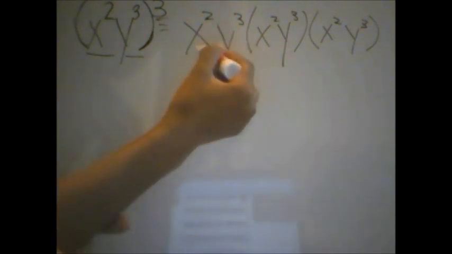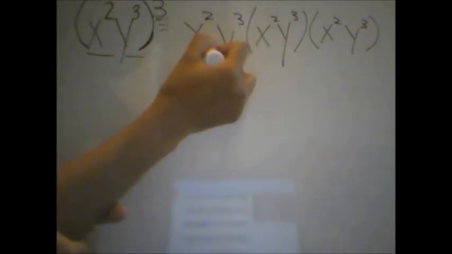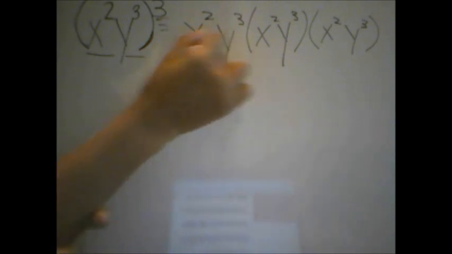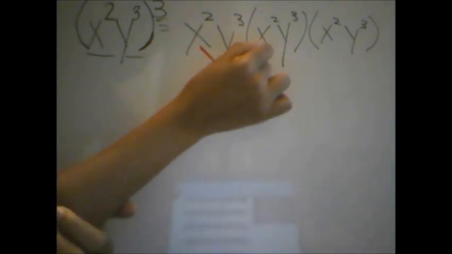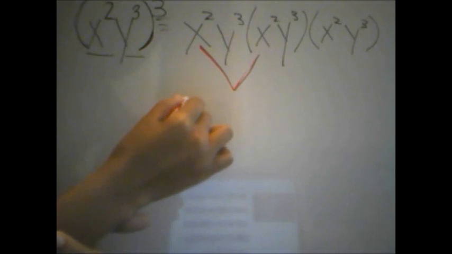In the previous example, we already know what to do when we see a product of this nature. All we have to do is add like terms. So each x we're going to add together. So we'll add these two, and that will give us x to the fourth.